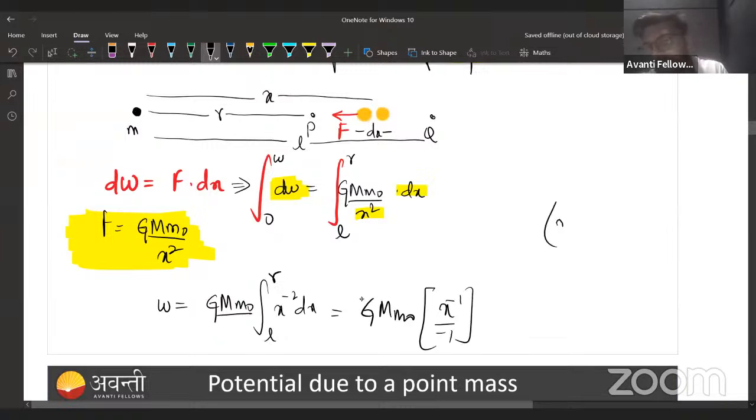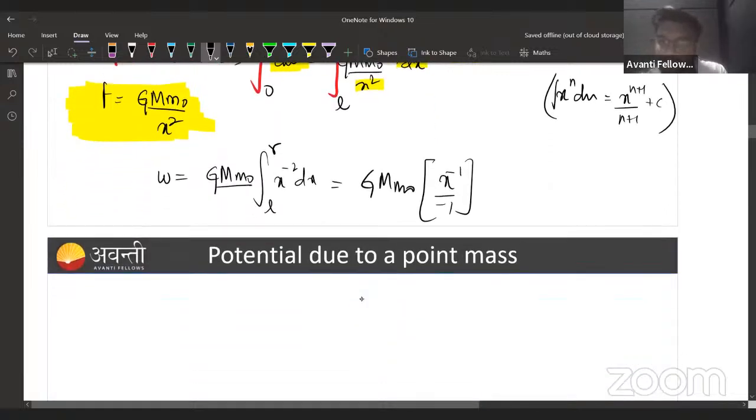What is the formula for integration? Integration of x to the power n dx is equal to x to the power n plus 1 upon n plus 1, plus c. Since limits are given, I'm just taking it like this. So this will come out to be G M m naught by x. I have to substitute the limits, right? L to R. So just substitute the limits.